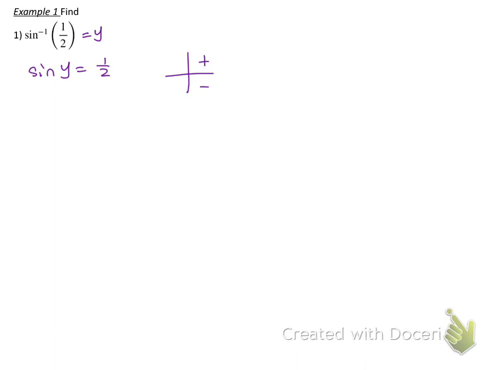Remember, essentially when the ratio is positive, we choose from quadrant 1, and when the ratio is negative, we choose from quadrant 4, which makes the angle negative. So we are here, quadrant 1. In quadrant 1, we know that this is our y with the opposite over hypotenuse being 1 over 2. What is this angle? Well, that's our special triangle. y equals 30 degrees, or pi over 6.